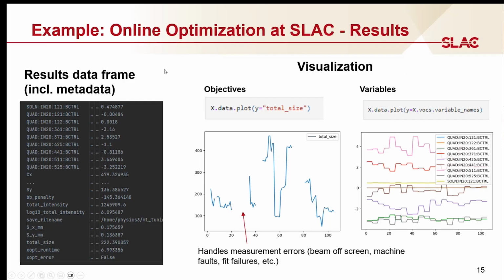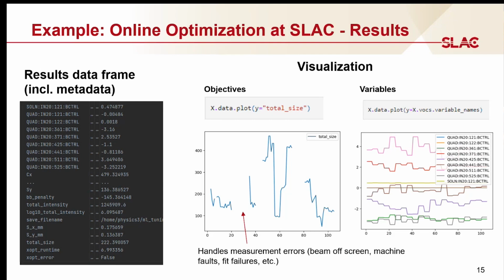And so what we get out of this Xopt object is, well, for one, we're changing the parameters of the machine, but every time we make a measurement, we are dumping data to a pandas data frame that is contained within the Xopt object. And this data includes the things that are pertinent to our optimization.